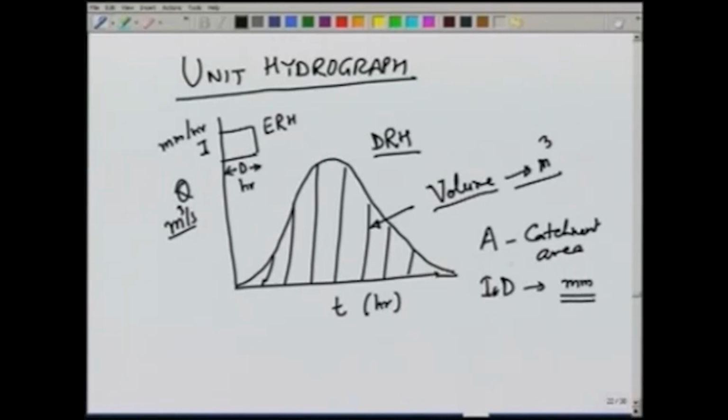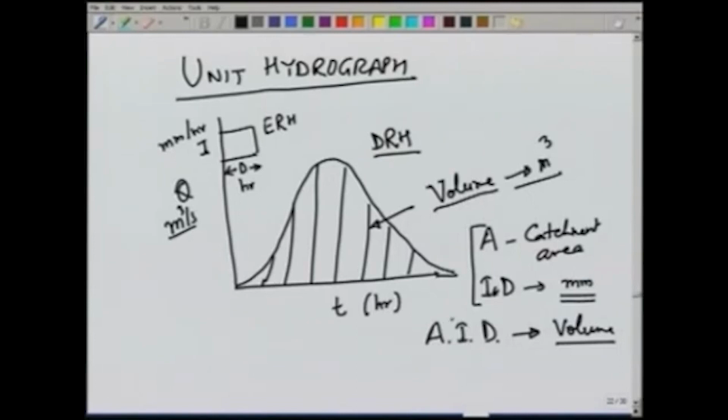Now, this is occurring uniformly over the whole catchment area. So, if we multiply A into I into D, we would get a volume, and since this DRH is a result of this ERH, these two volumes should be same.